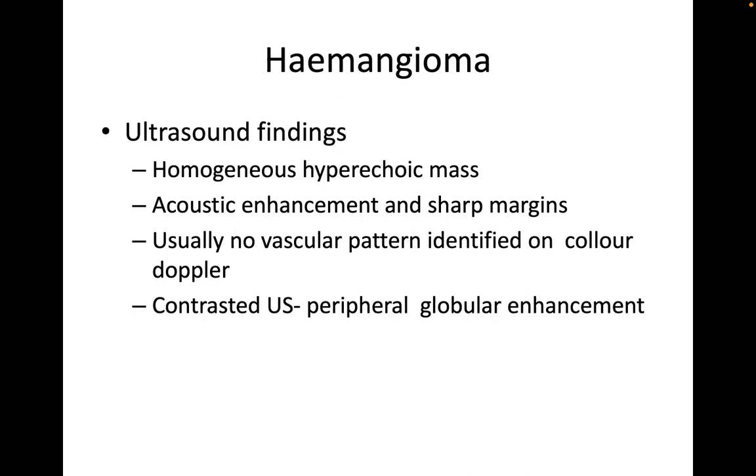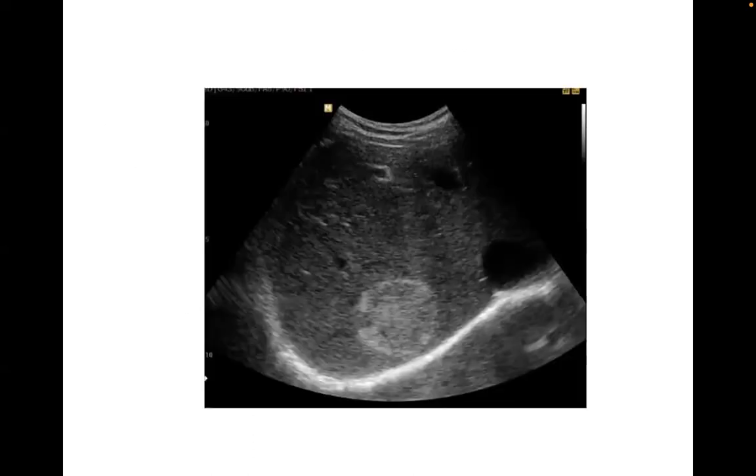With hemangiomas, the ultrasound findings, I think you know more than I do. They are usually a homogeneous hypoechoic mass with acoustic enhancement and sharp margins. There's usually no vascular pattern identified, and on contrast ultrasound, there is peripheral globular enhancement. This is a picture of a hemangioma.